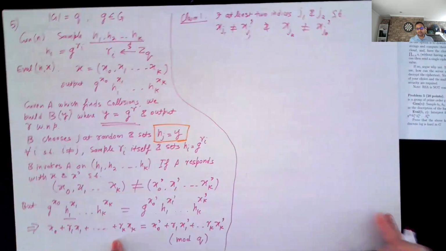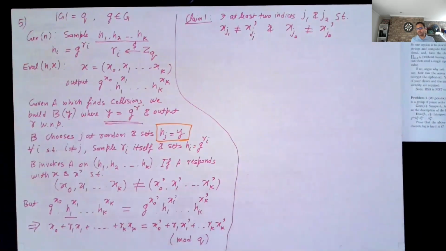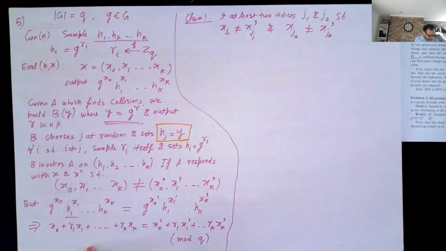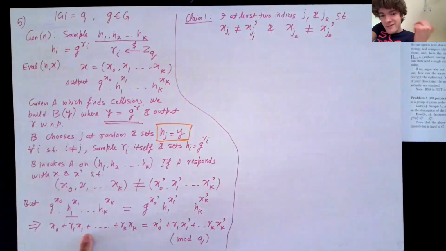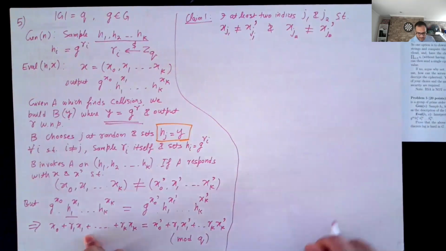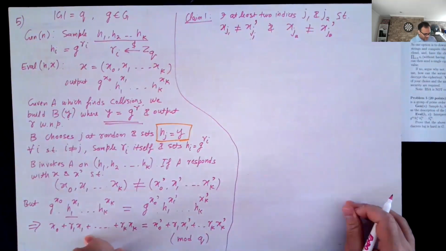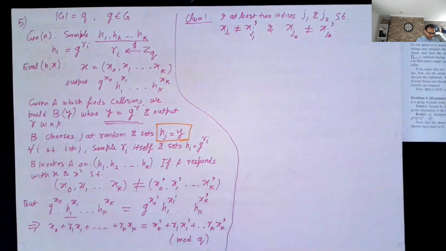And the idea is that if none of the indices is different, then x equals x prime. You assume that to be false. Yeah, then x equals x prime.